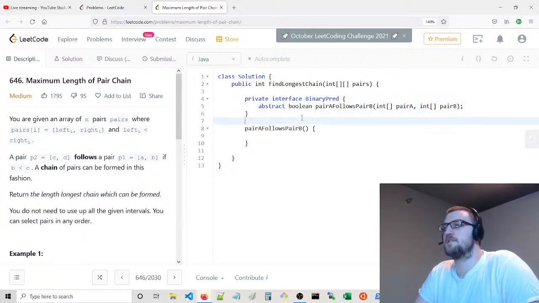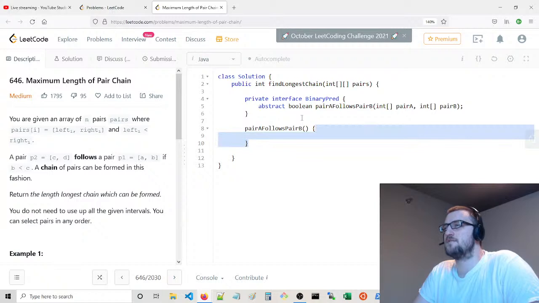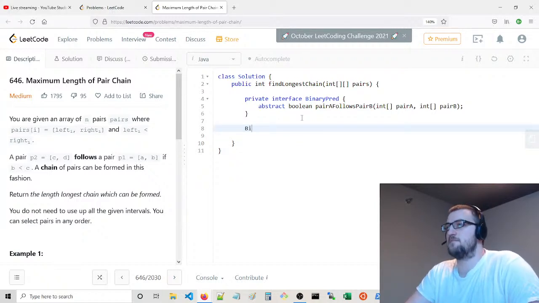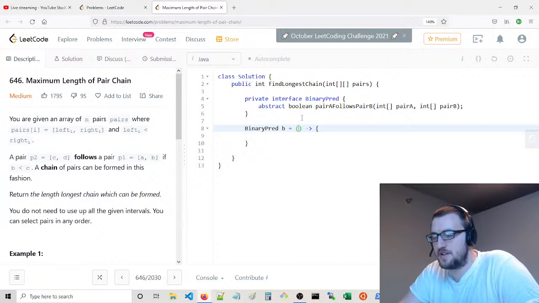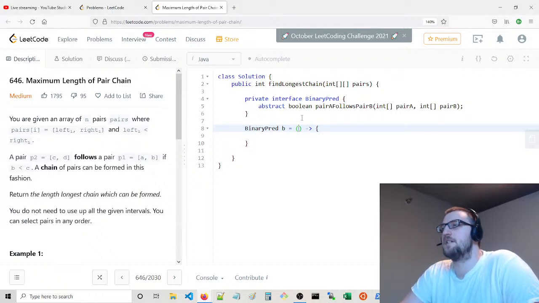Something like this. And now we can say binary pred B is equal to, now we can use the lambda expression syntax in Java.